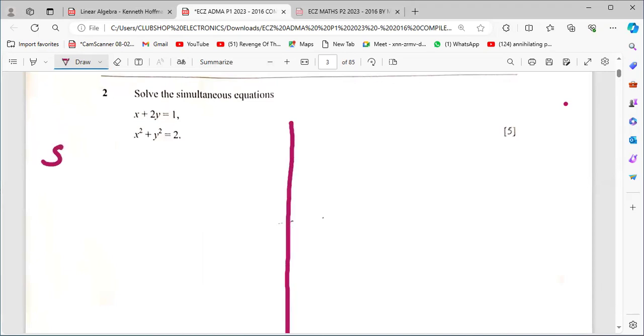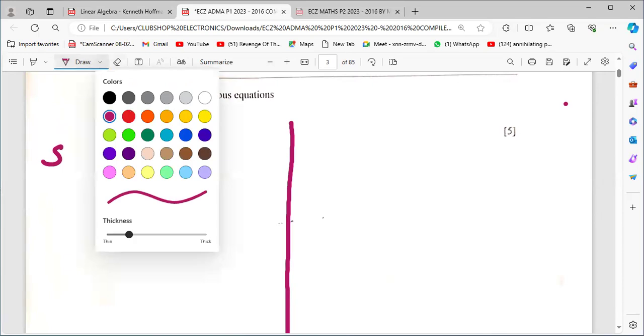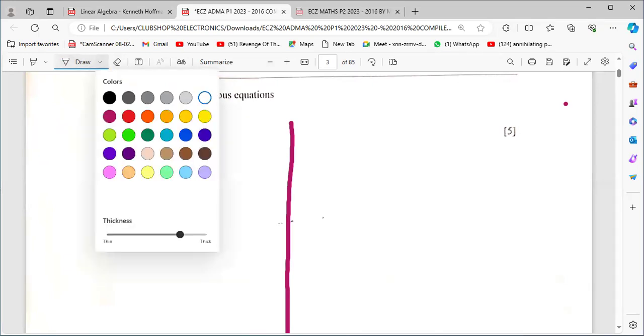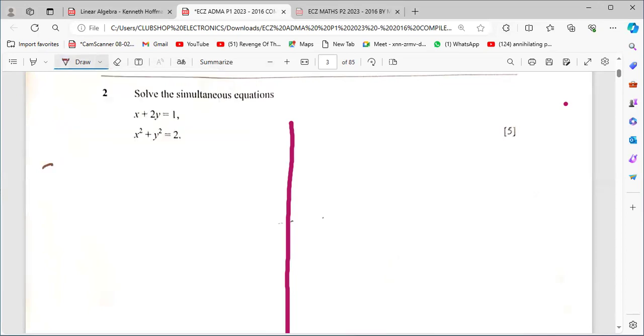So we put up the solution for question 1.